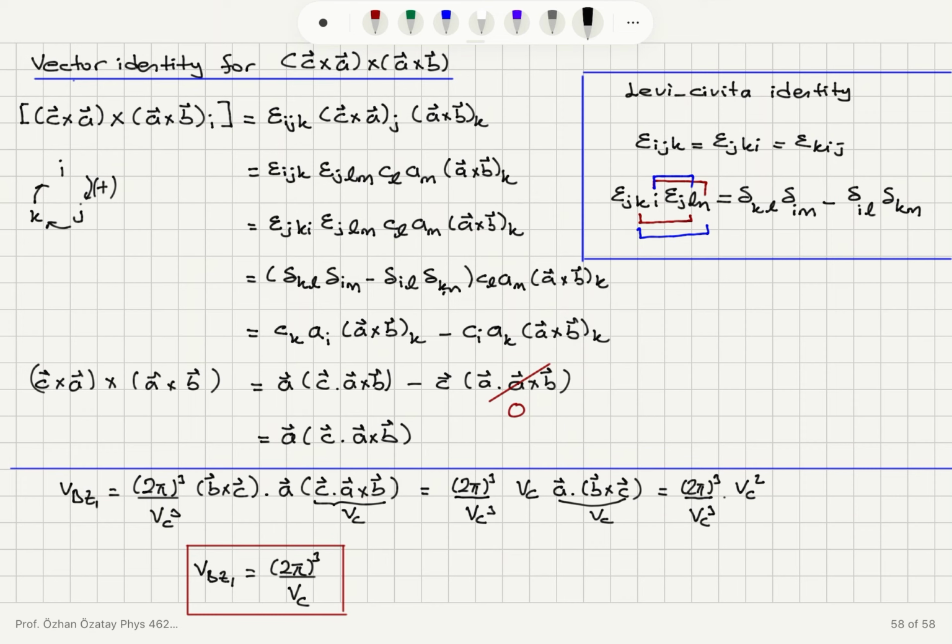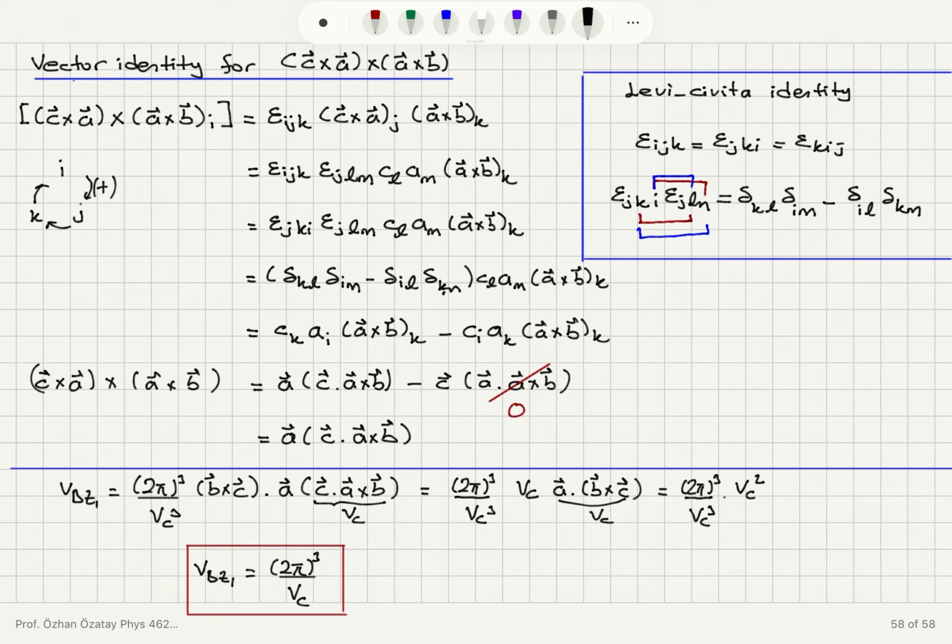And to use this identity, note that one of the indices should be in the same location. And then I have C_l A_m, A cross B's kth component. So this Kronecker delta tells me k must be equal to l. So C_l will become C_k, m must be equal to i, A_m becomes A_i, A cross B's kth component, minus l must be equal to i, C_i, m must be equal to k, A_k, A cross B's kth component.